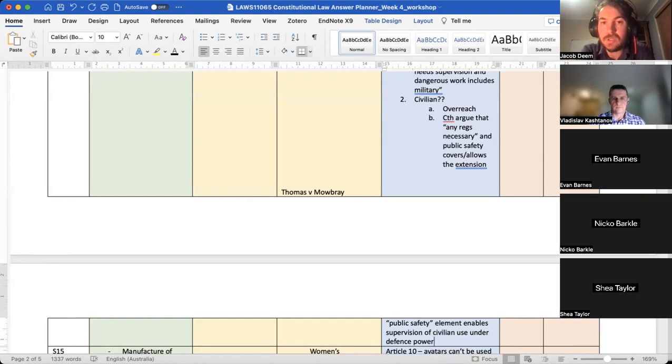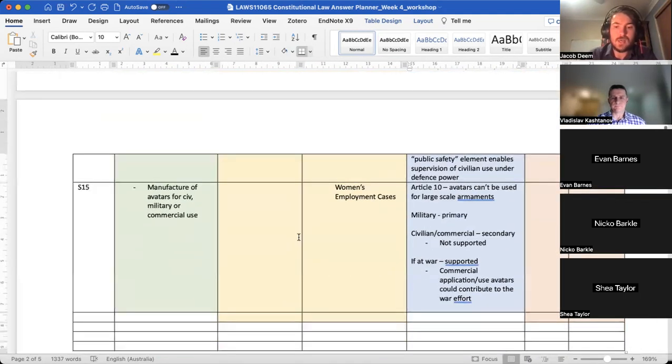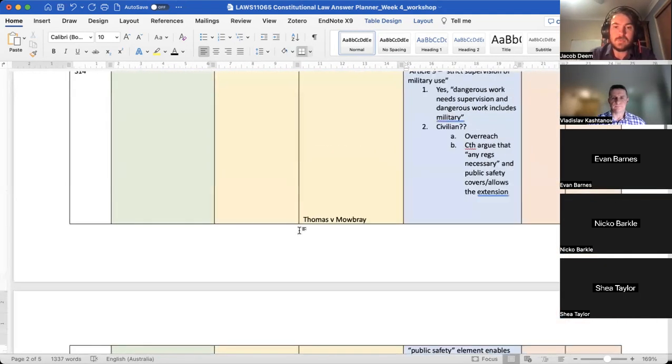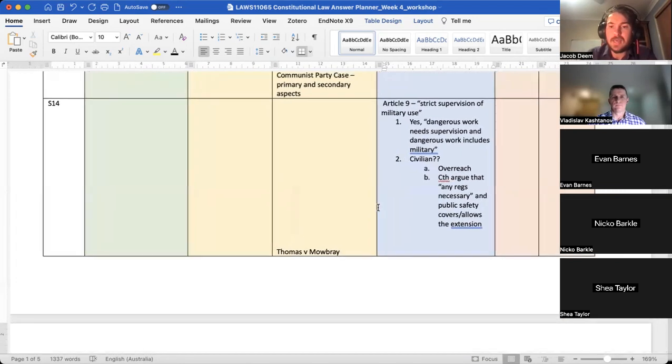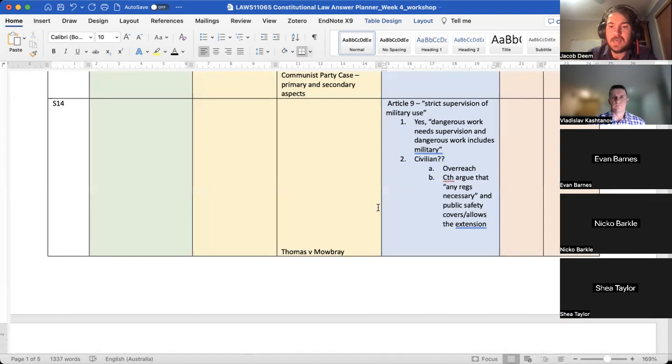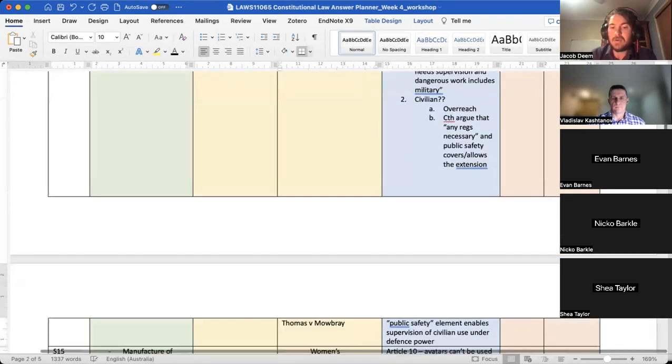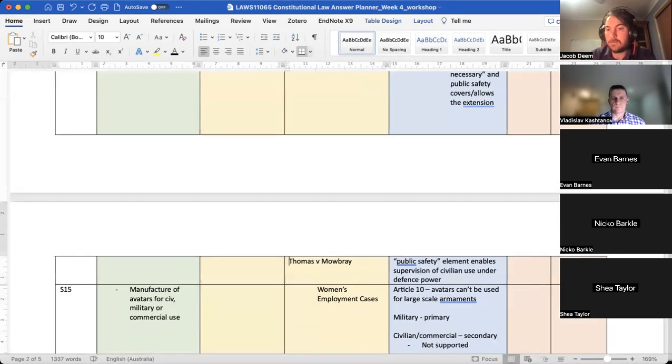That's the argument that you'd put forward. Any questions on those ideas? We've sort of bounced between sections 14 and 15 a little bit there. But I want to make sure that we've got a couple of minutes to talk about the conclusion and how we draw all of this out. But any defence power questions before we do that?